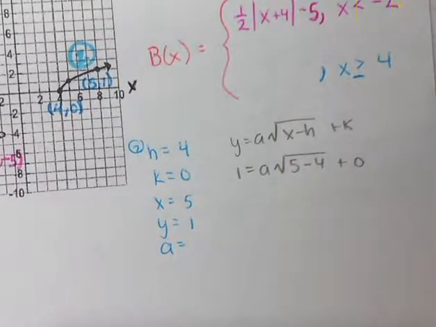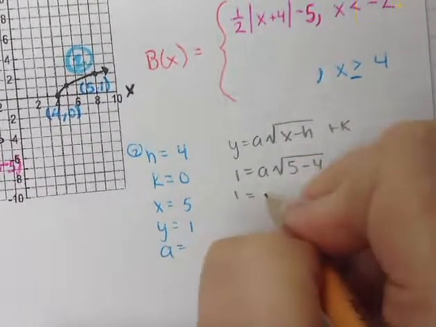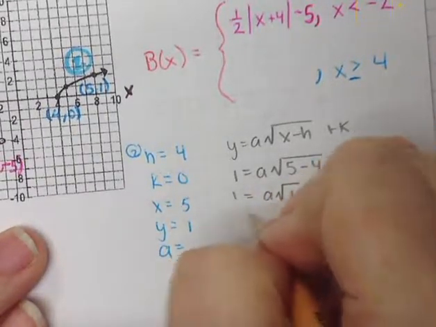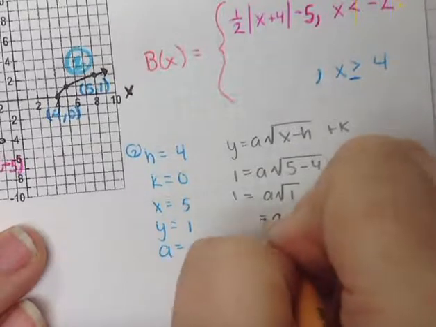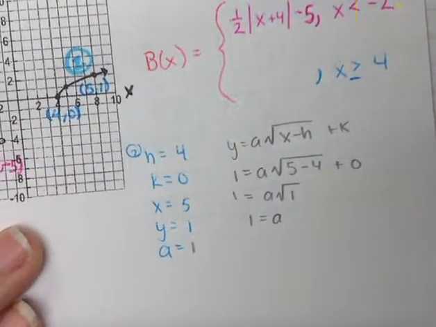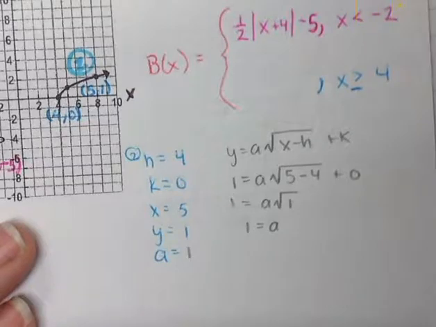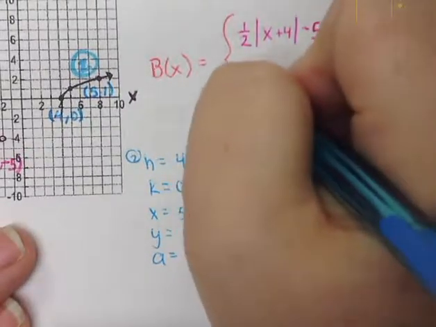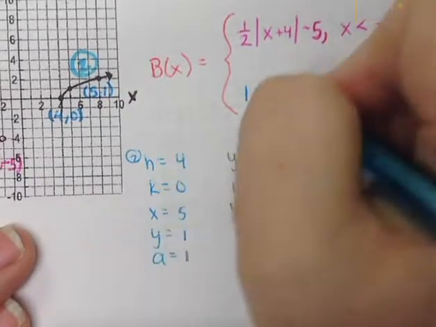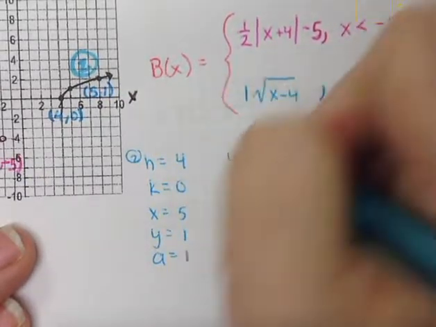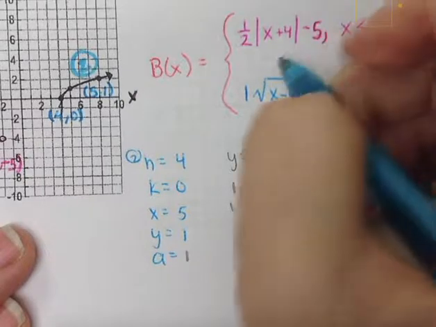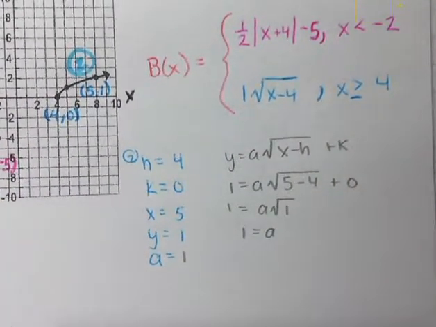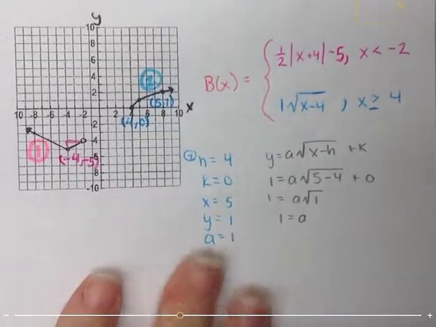So plus 0 doesn't do anything, so we have 1 equals a times the square root of 1, which is just 1, so a is equal to just 1. So that helps us. So our blue equation will be your 1 as your a value, times the square root of x minus your h, so minus 4, and then plus your k, so plus 0, you don't have to put anything there. We have just found the two equations and the restrictions that will represent this piecewise graph.